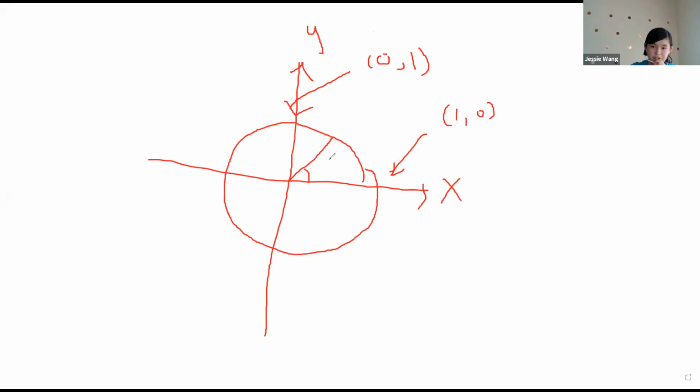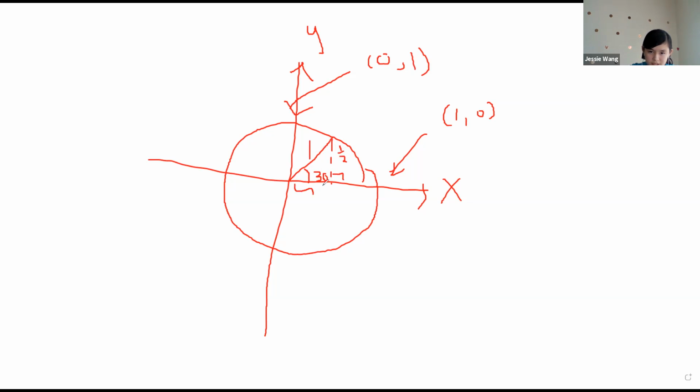So if we say, for instance, sine of 30 degrees, well, the radius is 1. And so we can draw an altitude down here. And we find that since the hypotenuse is 1, this side is going to be equal to 1/2.